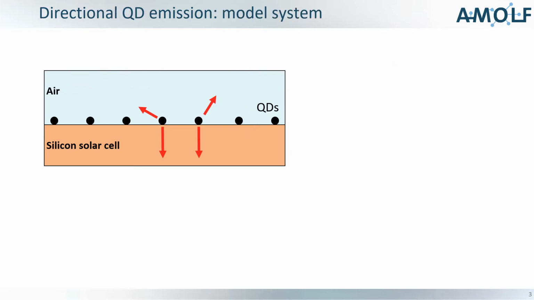Now, to study the directional emission, we chose to work with a model system where there is no tetracene on top of the silicon solar cell, but we use the quantum dots in air.